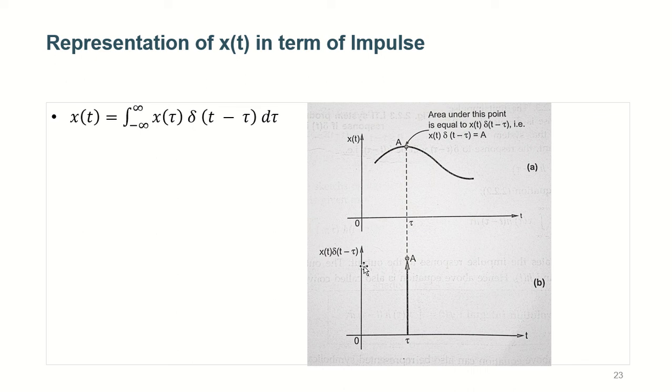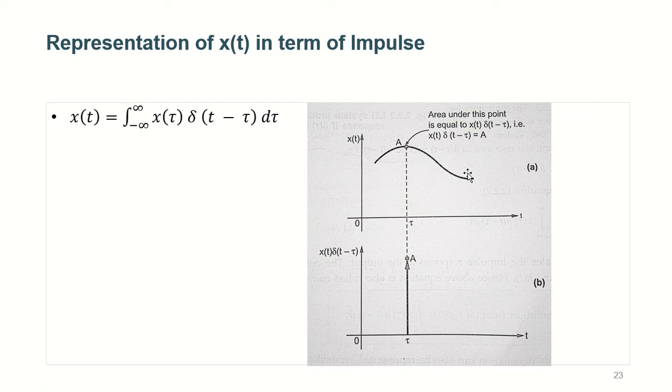Now the function x of t, as it is a continuous time signal, will have infinite number of points, right? Because you can take a point wherever you want. If you want to take a point at a distance of 1 unit, you can take. If you want to consider a point at a distance of 0.00001 unit, then you can also do that, right?